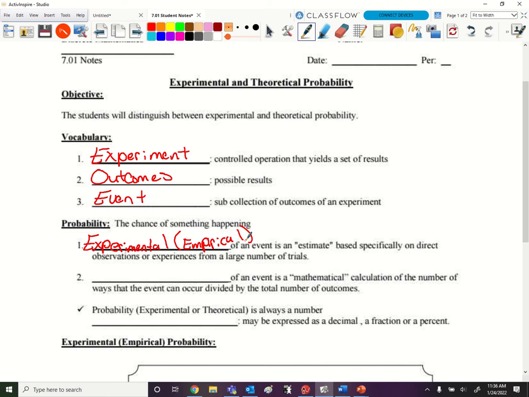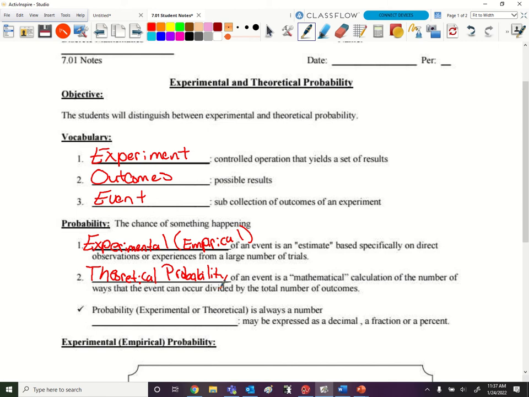Next thing is theoretical probability. The theoretical probability of an event is a mathematical calculation of the number of ways an event can occur divided by the total number of outcomes.